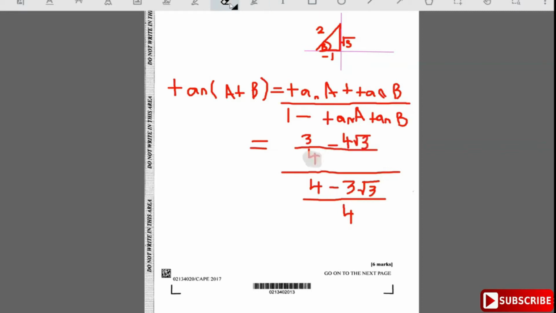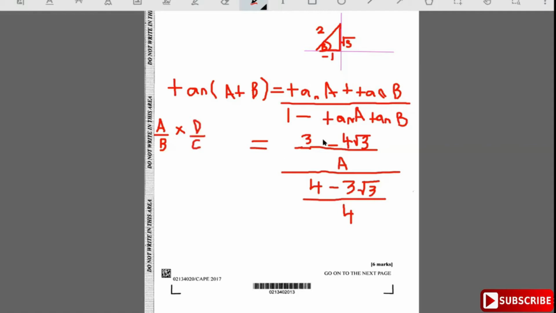Now, how does this simplify? If I have a fraction a over b being divided by a fraction c over d, it's really multiplied. Instead of dividing by c over d, it's multiplied by d over c.